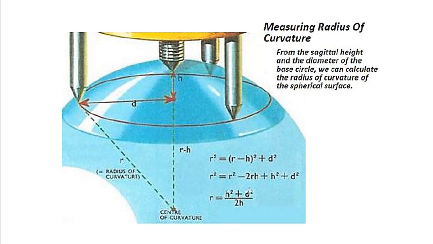So your d is right there, and the height, which is your sagittal height, and from there we can calculate the radius of curvature, because if you get this and this, you can get this, because you can calculate r by using this equation. If you look at it very carefully, we have to go back to the mathematics, your geometry.